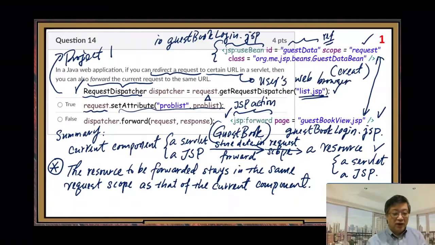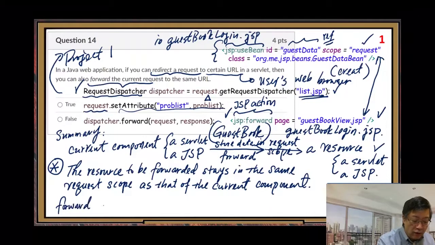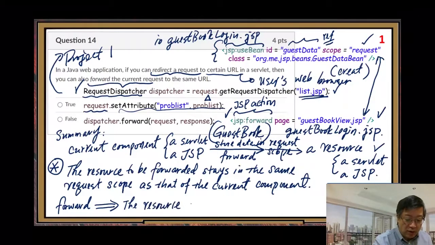Now in this forwarding case, when we do a forward action, the resource to be forwarded to, and this is the key part, must be in the same web application.